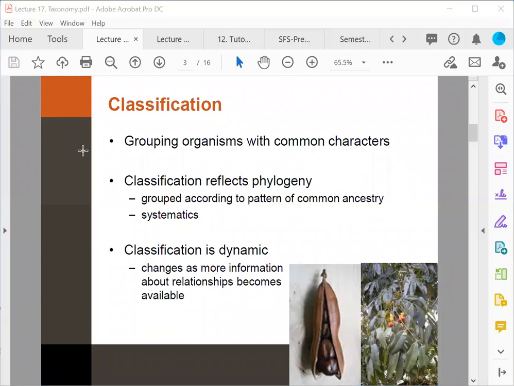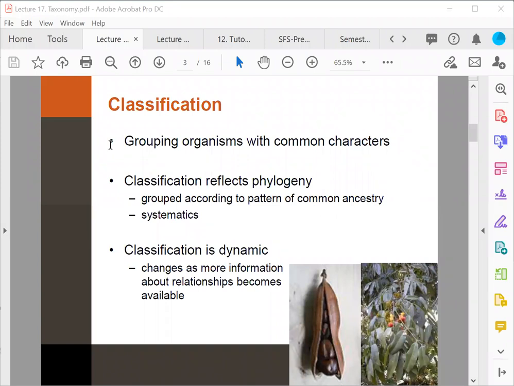Classification involves the grouping of organisms with common characters, and this actually performs a very essential function, or several functions in fact. This is important for the purpose of communication, for information storage and retrieval of information. So if you're communicating with someone about a particular group of organisms, you don't have to list all the characters that are known to be associated with that group of organisms.